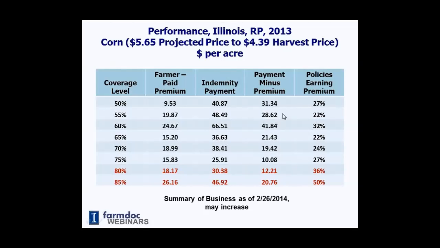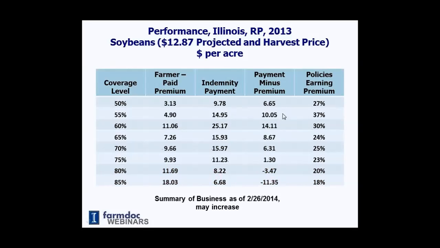Soybeans are slightly a different story. You can see here, and again, looking at the 85% coverage level on soybeans, $18.03 was the average farmer paid premium in Illinois for soybean policies. $6.68 was the indemnity payment, lower than the farmer paid premium.